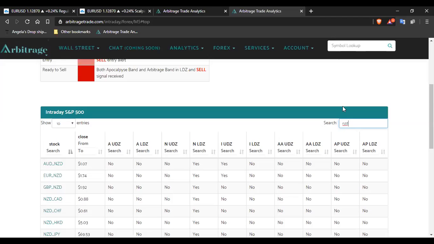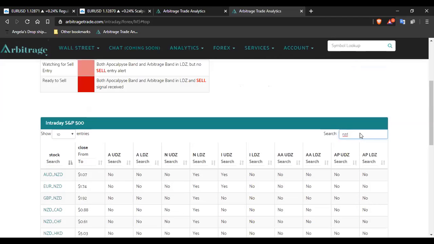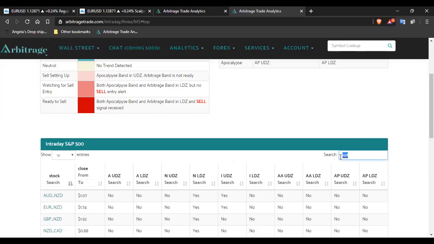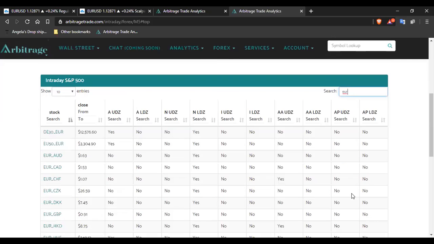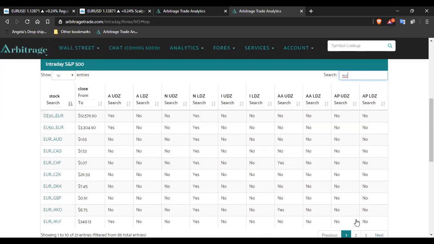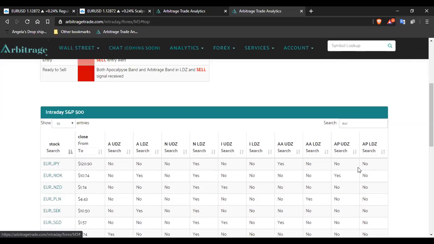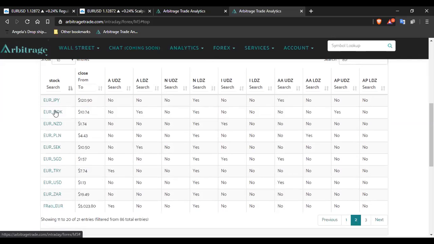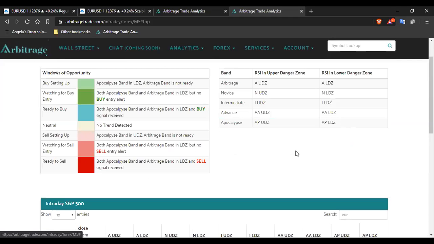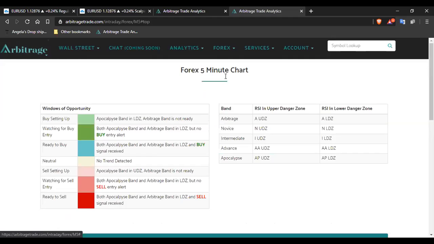Same thing. No. And lastly, onto the euro. No. All right. I don't trade this, so I'm not going to look at it. And last but not least, no. So I don't really have anything on the 5-minutes or the 1-hours.